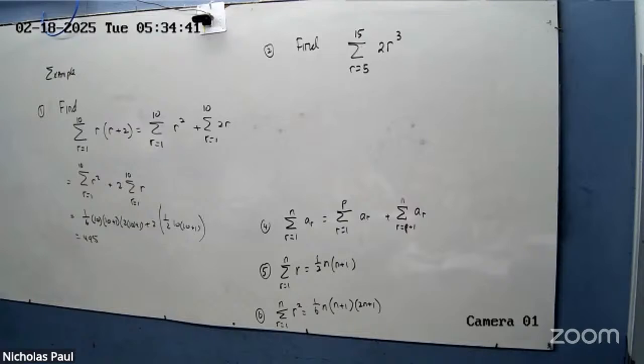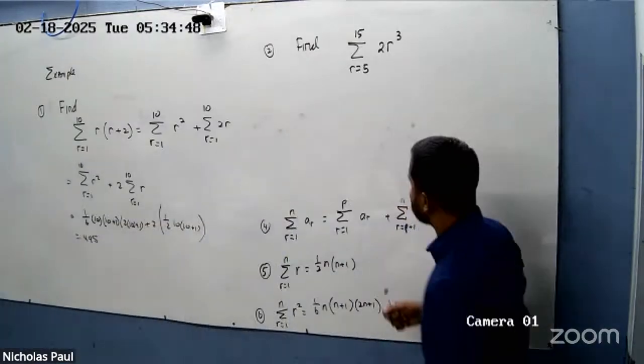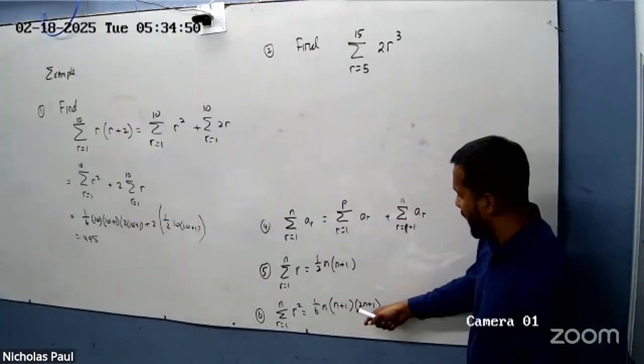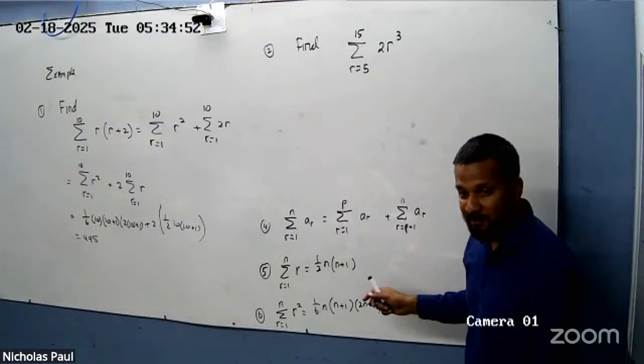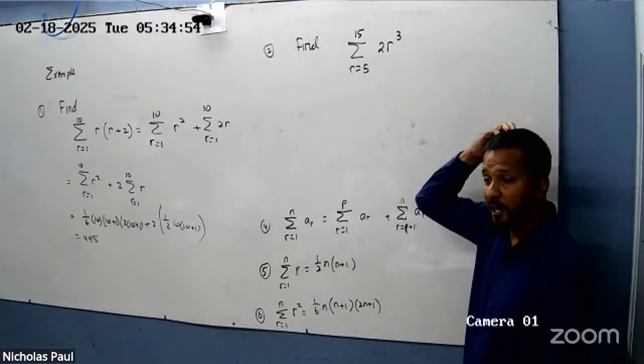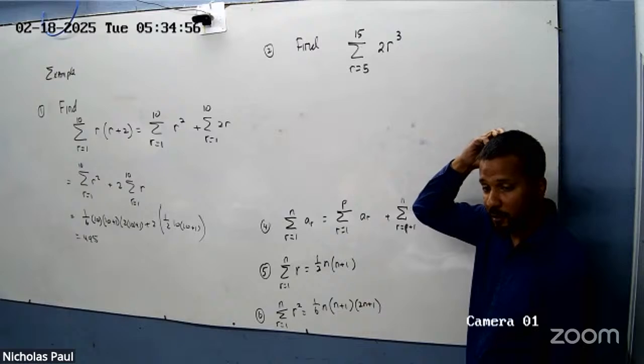Take your time. The problem here is that we have 5 to 15. So can I use the rules for 5? I remember 5 cubed, sorry. But I can't use the rule, right? I can only use the rule if it starts with 1.